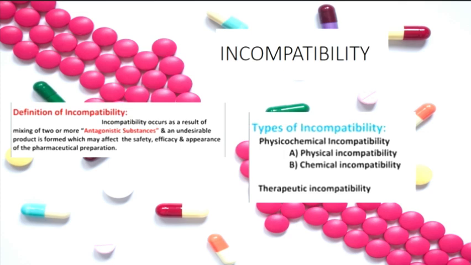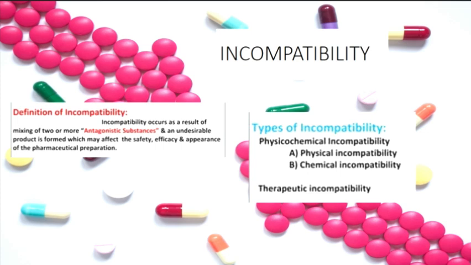This incompatibility should be corrected at the particular time, or else when the patients take it, they may get some disease or something else. So this should be corrected particularly. This incompatibility is actually of three types: physical, chemical, and therapeutic. The one related to our prescription is called therapeutic.